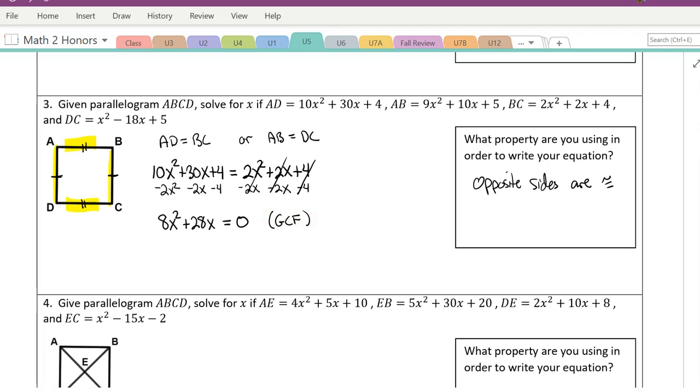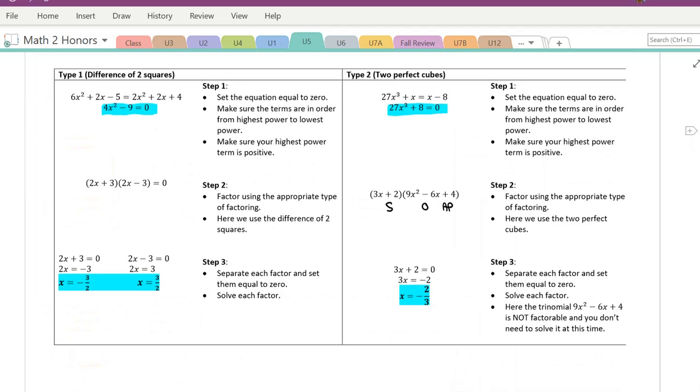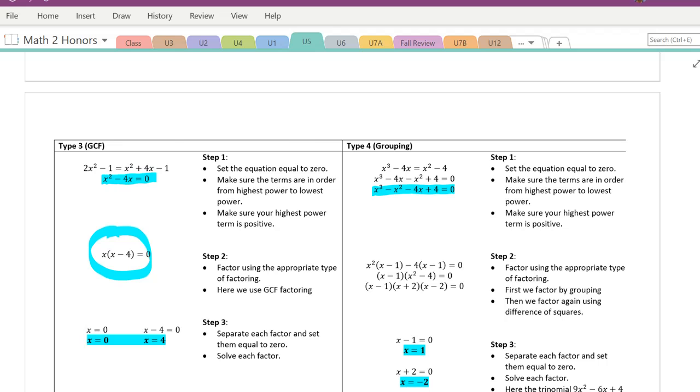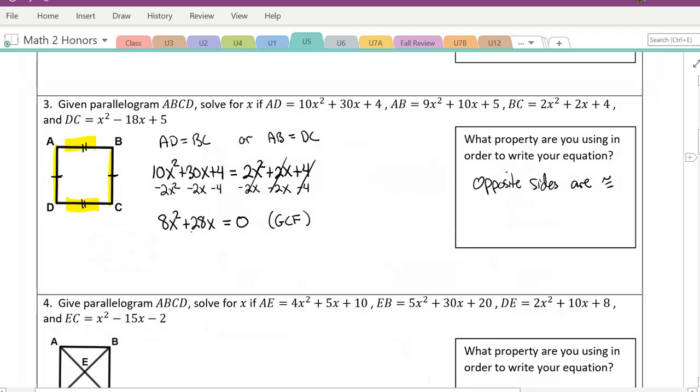And if you want to see an example like that, it would be your type 3. So I factor out a 2 and an x. Actually, I could do even better than that. I could probably factor out a 4 and an x. And I'm left with 2x plus 7.